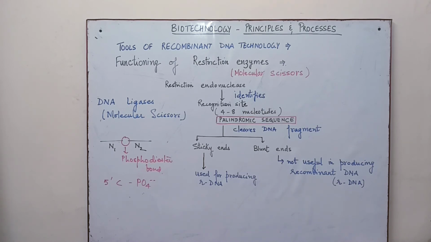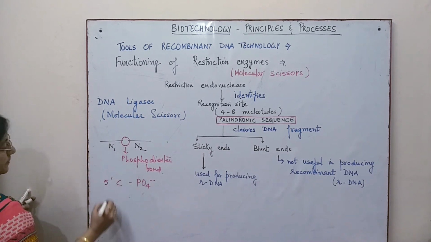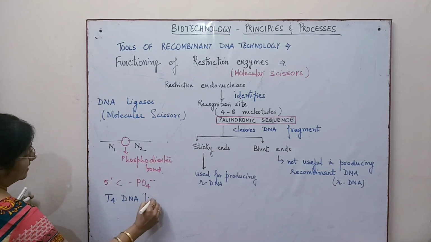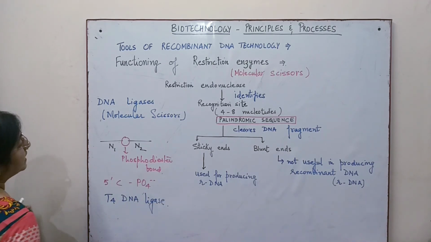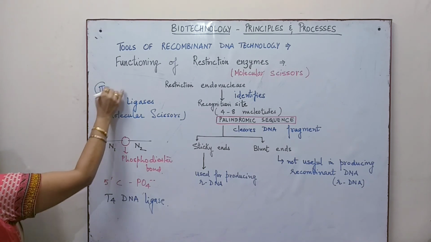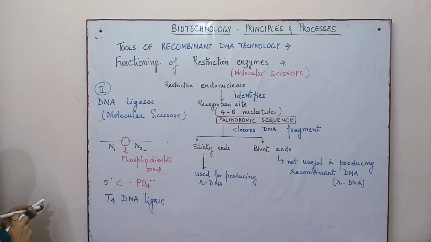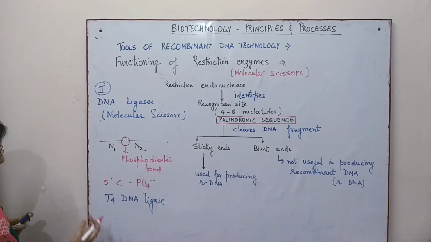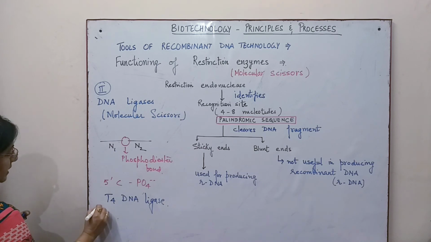Ligases were isolated by Weiss and Richardson, and T4 DNA ligase is the most widely used type of ligase enzyme. This is the second type of enzyme used in recombinant DNA or rDNA formation.